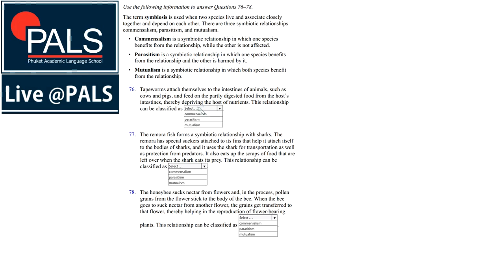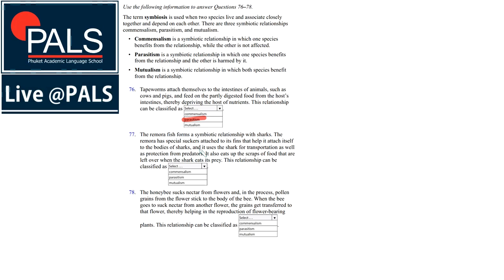This relation is classified as, so as we can see, the tapeworm obviously benefits since it gets food from its host, and the host is harmed to some extent because it is deprived of nutrients, so it's losing nutrients. Therefore, this is an example of parasitism.